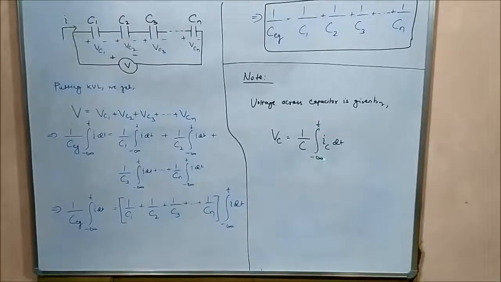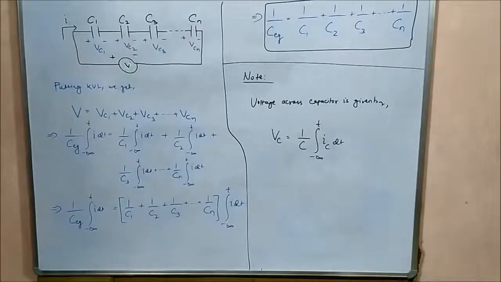Here minus infinity is used because the capacitor is capable of storing energy, and we have to include the past stored voltage of the capacitor. That's why this expression is used. So this is the expression for capacitor voltage, and we are using the same here. Here this V is the total voltage or the applied voltage.